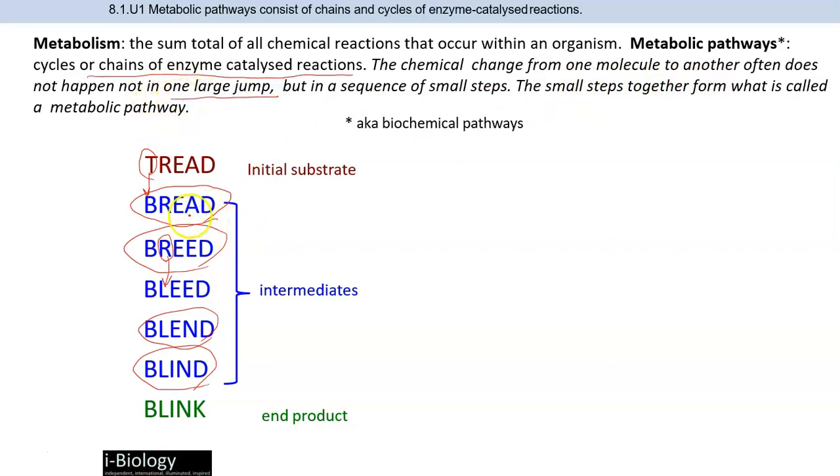It is not the way that thread becomes blink in one jump. So it will be step by step, one letter at a time, but in a sequence of small steps. The small steps together form what is called a metabolic pathway.